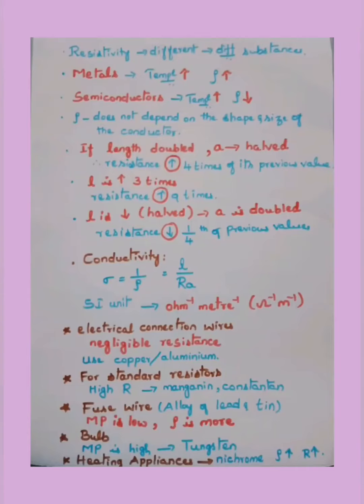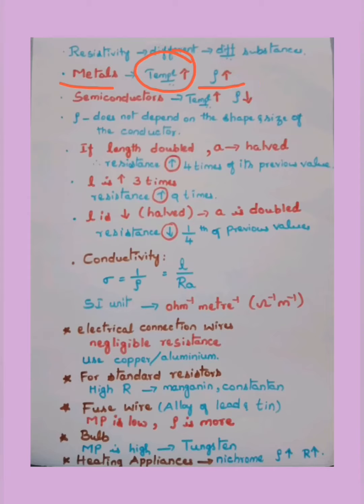And this resistivity is different for different materials or substances. For example, if you consider different metals, silver, aluminium, copper, iron, some alloys, insulators, or semiconductors, the resistivity is different for different substances. And these points are very important. Okay, listen carefully. In case of metals, when you increase the temperature, resistivity also increases.